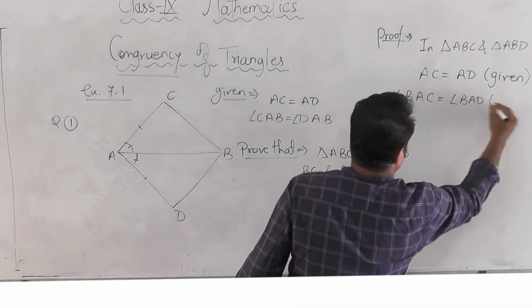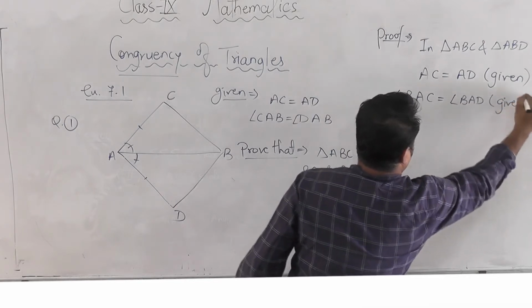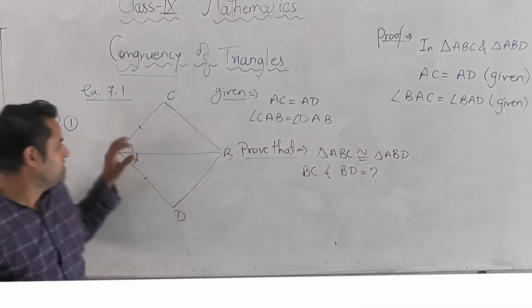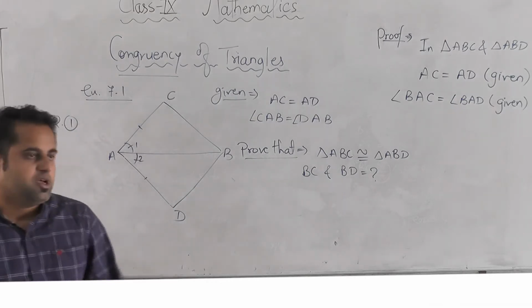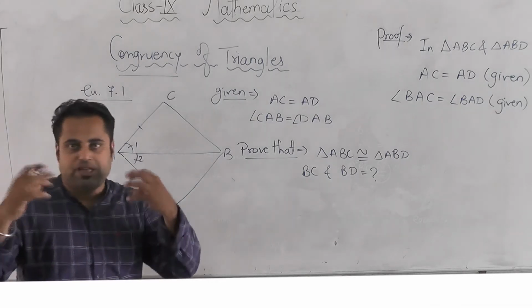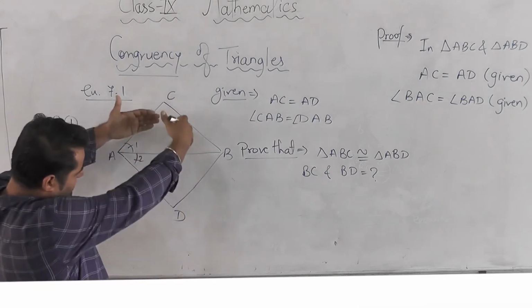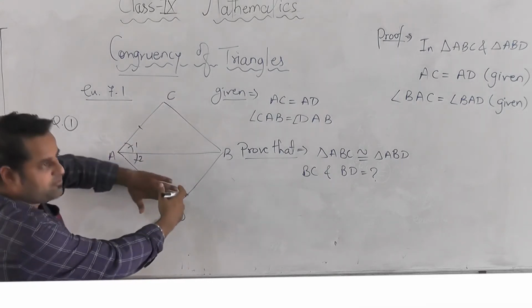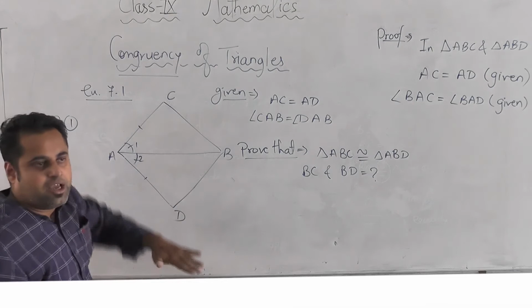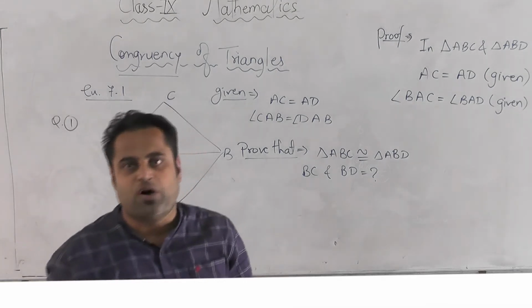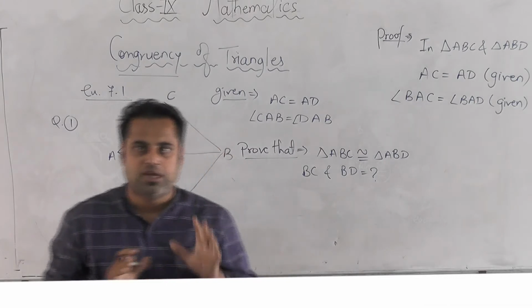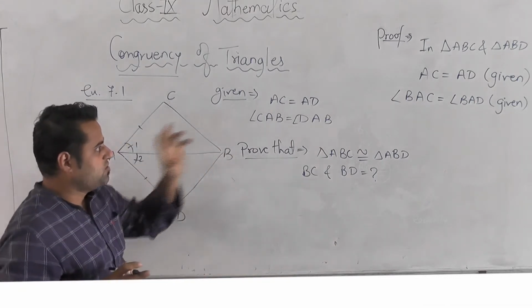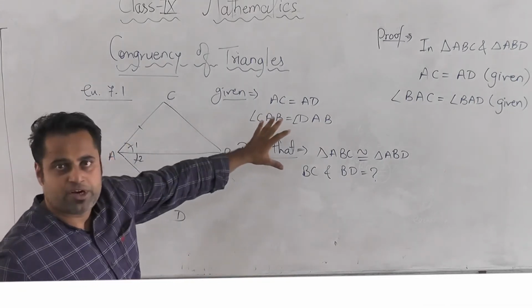That is also given because AB is the bisector of the angle, so these two angles will be equal. If you imagine taking this triangle and flipping it onto that triangle, and it covers all of its boundary, then the triangles are congruent. So two things have been given already.